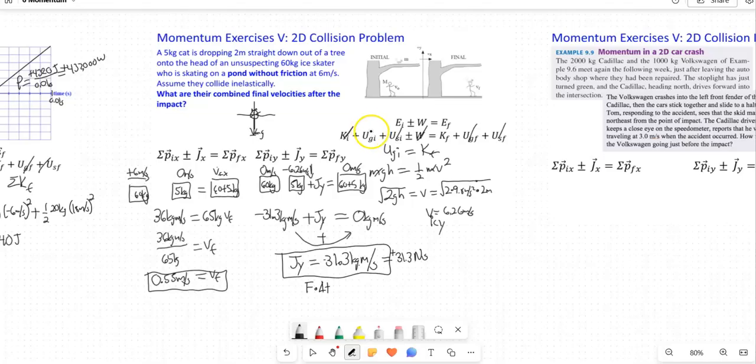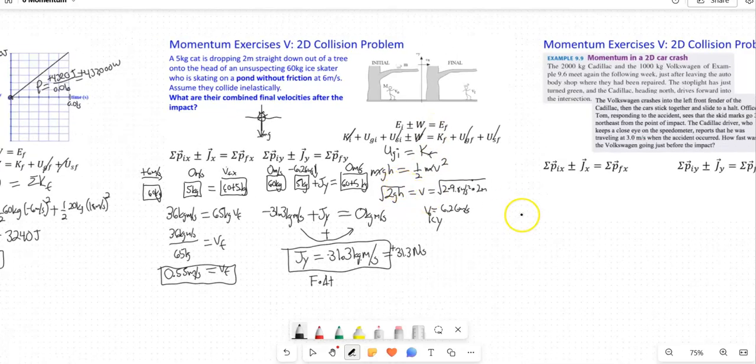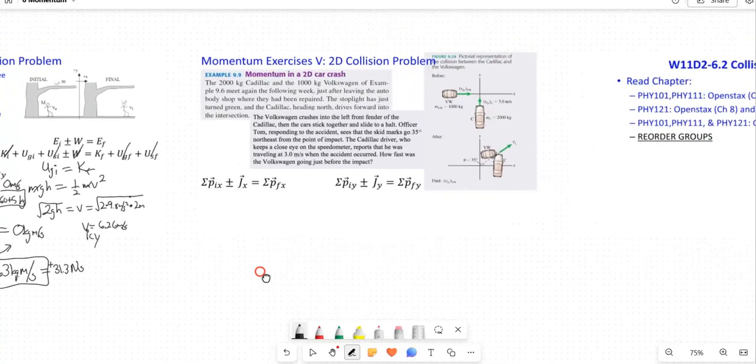So it starts out with a potential energy, and when it ends, it's ending at a kinetic energy, and then there's an impact, and then you go back to energy to figure out how high it goes back up. So it's kind of cool. You go from energy to momentum and then back to energy. Okay? All right. Moving on.